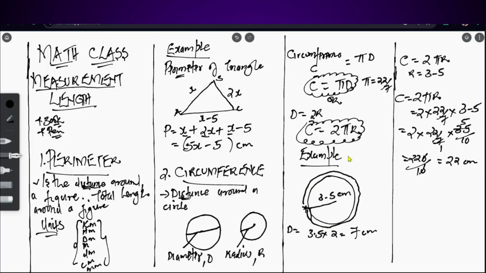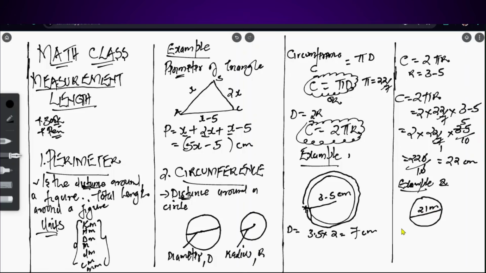What if, this is example 1, what if I'm given, maybe example 2, a circle. I want to get the circumference of a circle, and maybe I've been given diameter instead of radius, and let me say maybe diameter is 21 meters.